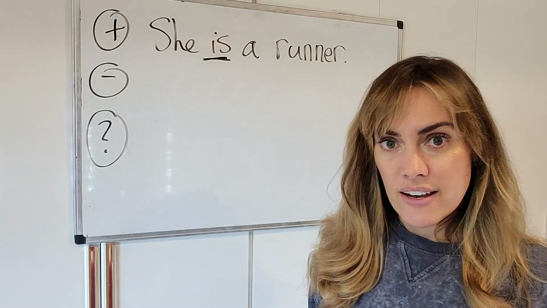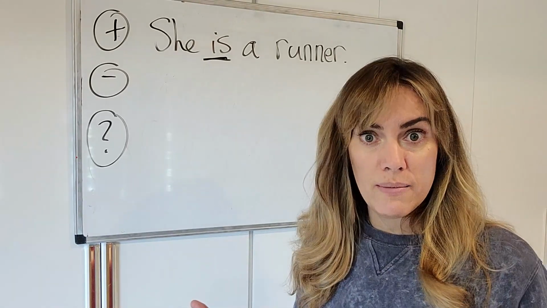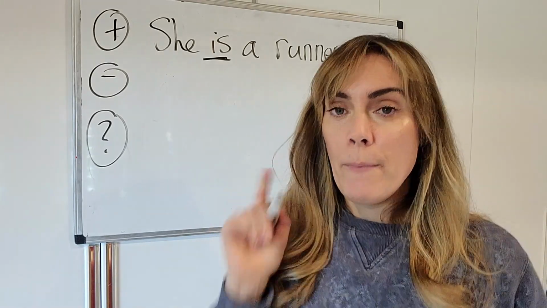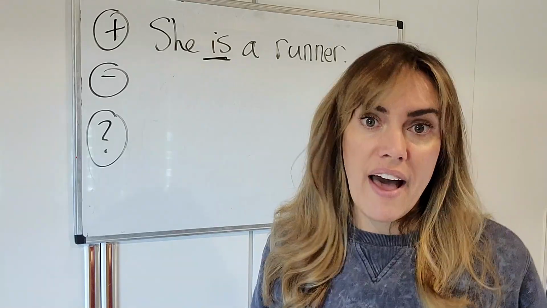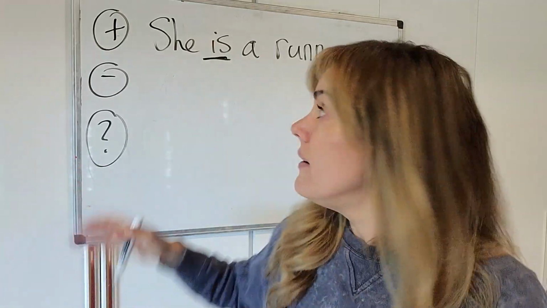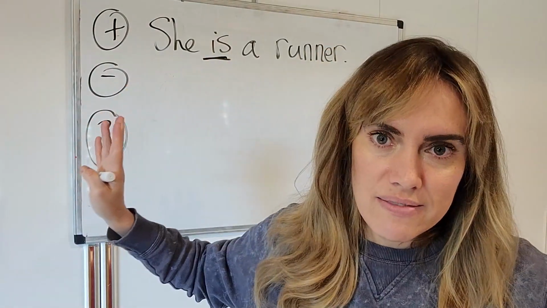Let's make it negative. How do we do that? Well, I just said that when you want to make a statement negative in English, you need help. But you actually only need help when you don't have a helping verb. And I'm just going to say, to make it easy, that the be verb is always a helping verb.